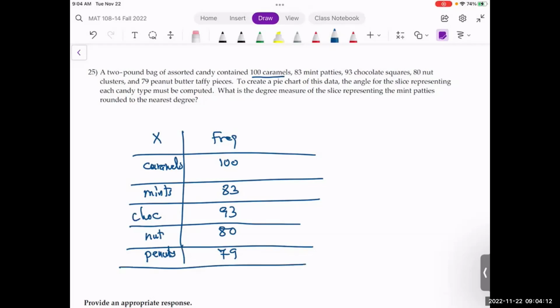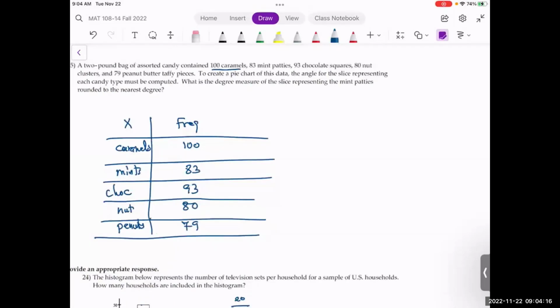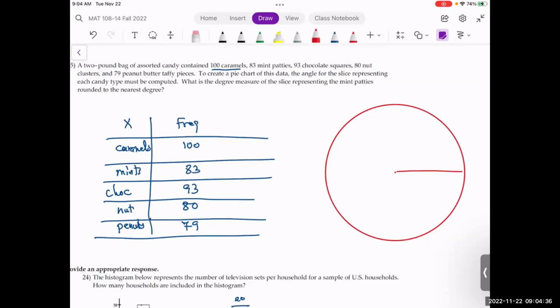All right, so now what I want to do with this table is represent it in a circle. We good? And this circle, I have to divide it accordingly, right? So each proportion is going to be exactly the same. So what I want to figure out, obviously, I'm going to start with the line here, and then figure out what piece of the pie corresponds to the first part, right?